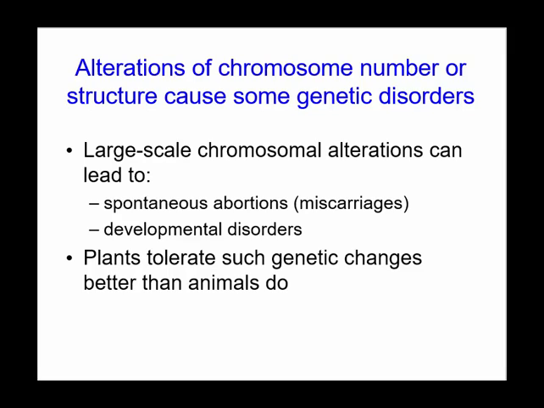They're often terminal, fatal, or maybe they can lead to developmental disorders. An interesting note, though, some organisms, like plants, can tolerate some of these genetic changes, and some of these may actually be adaptive in certain cases where we've looked back through evolutionary history of plants.